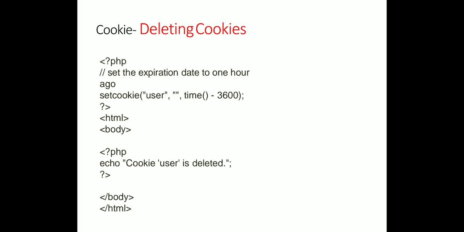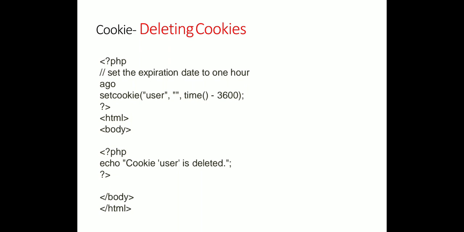So set cookie is user, time, and minus 3600. 3600 is in seconds, so this is nothing but setting the expiration date to 1 hour. That means this cookie has a time period of 1 hour. After 1 hour, this cookie will be automatically deleted.